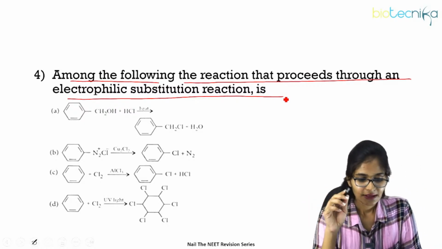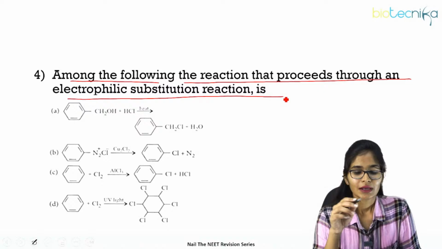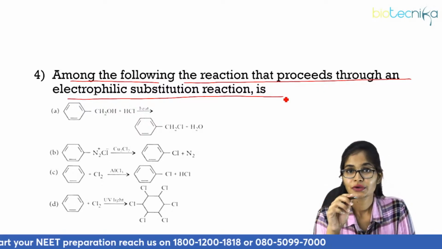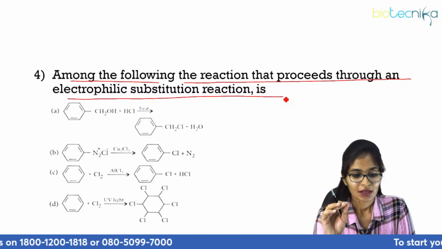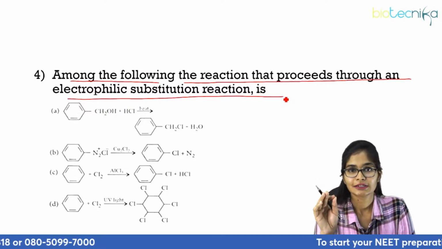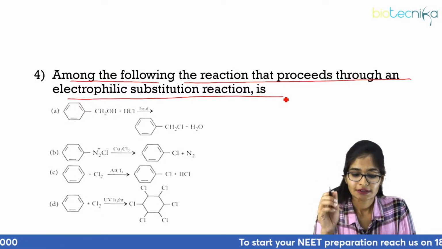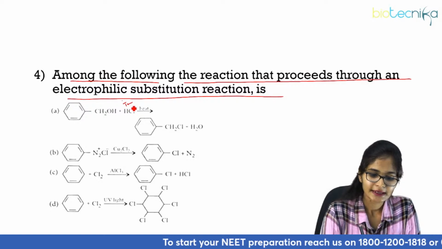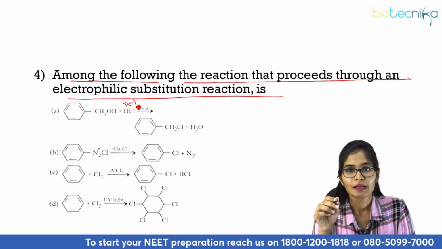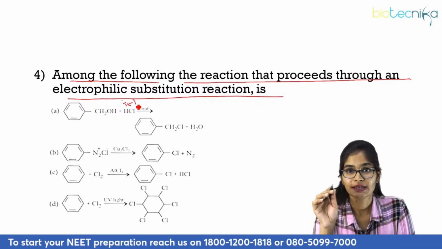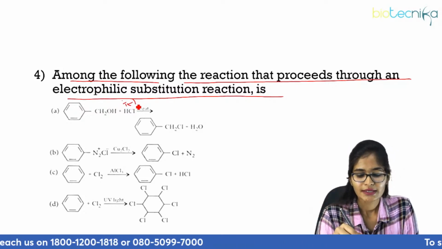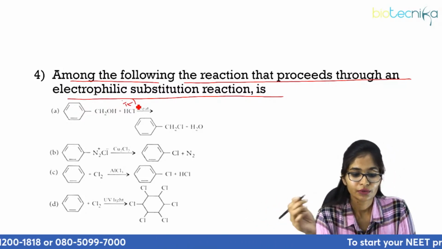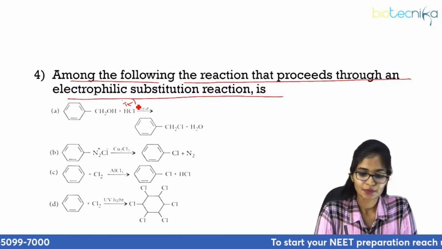Suppose in option A you have benzyl alcohol and you are treating it with HCl. I'm giving one hint on how you can approach the question. How can you split HCl? You can split it into H plus and Cl minus, right? Now H plus will go along with OH and leave as a water molecule, and you get CH2Cl as the product.